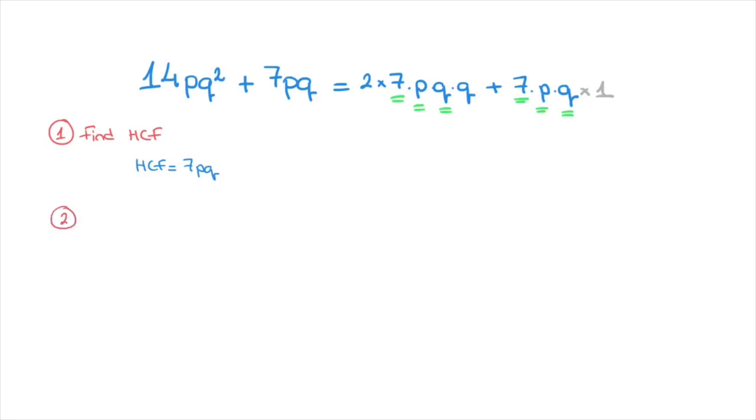And in step 2, we need to write this expression in fully factored form using the highest common factor. That was 7pq. And I'll just write factorize using HCF. Okay, so we state that this equals the highest common factor, that's 7pq, times, in parentheses, all of the factors that we didn't underline in the first term, so those would be 2 times q, so we write 2q.